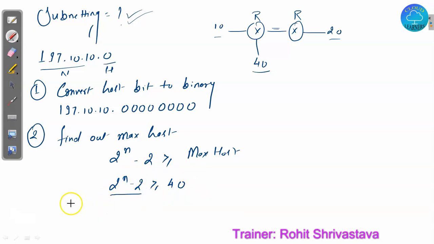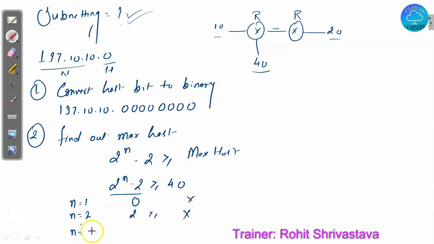If I put, let's suppose, 1 here, then I will get 0, which is not possible. If I do n equal to 2, then 2 to the 2 minus 2, which will not satisfy our equation. So on.